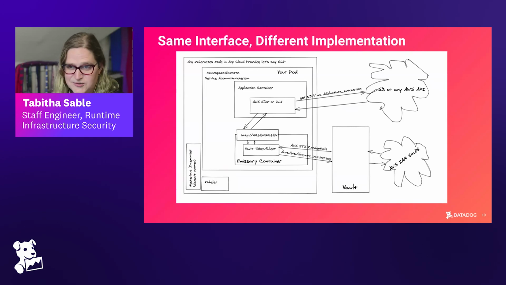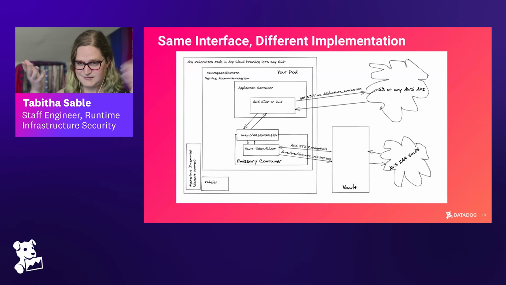Then the application code in the container goes and talks to the cloud provider, and it doesn't need to know or care anymore whether it's actually really running on that cloud provider or not, whether it's actually really running in that cloud account or not. It talks to something that looks and smells and walks and talks just like the native cloud provider metadata API, and so therefore it's good enough to be that.